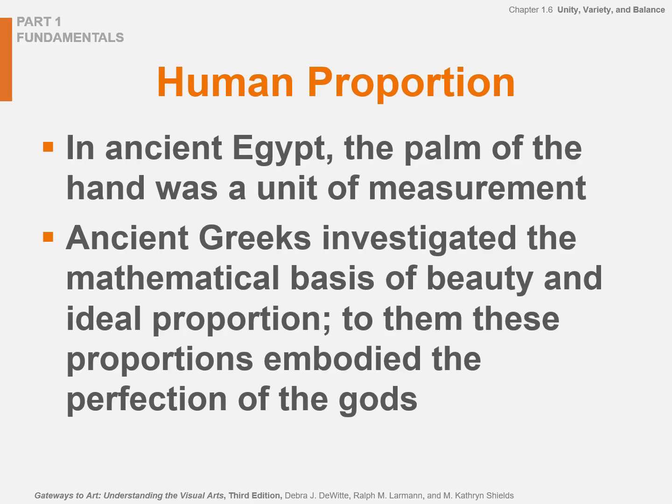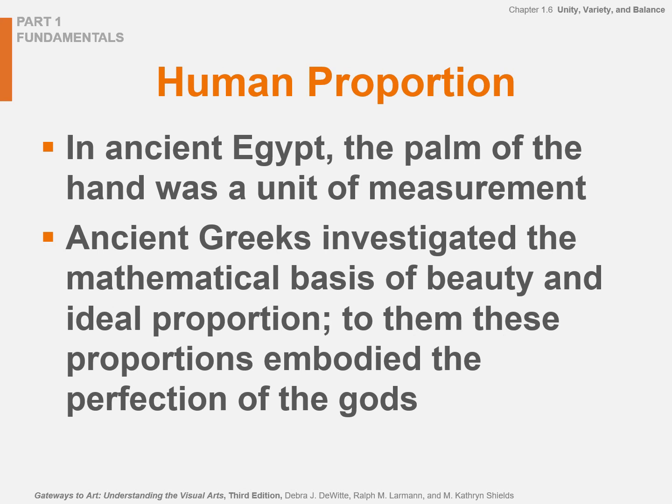Artists often use human proportion when they are making artworks. I think we've probably all seen videos of an artist out in the field, painting a landscape or maybe a tree, and you'll see them put their hand out and stick their thumb up and maybe turn the thumb left and right. Well, basically what that artist is doing is using visual measurement as a way to reproduce what they see in the world onto their canvas.